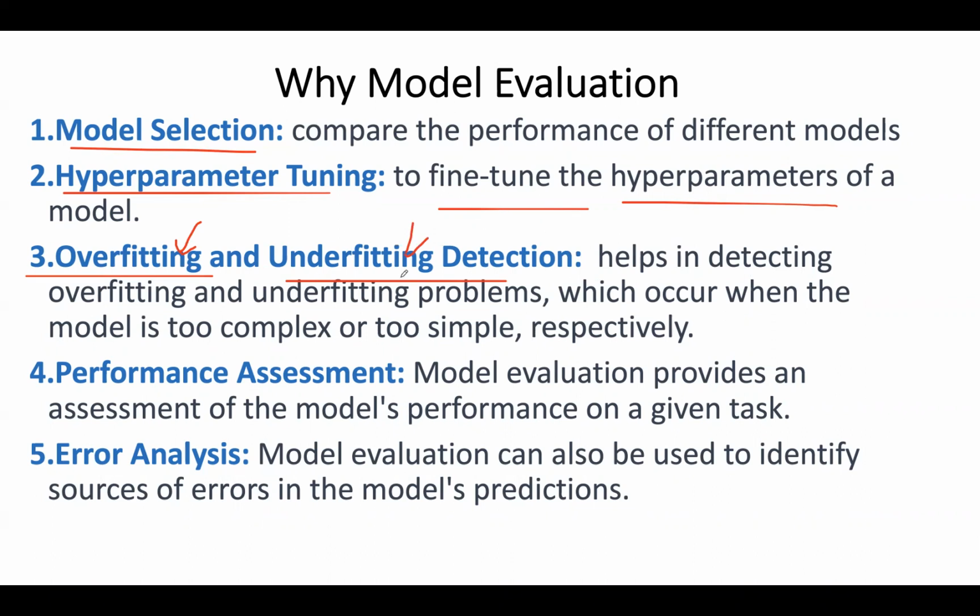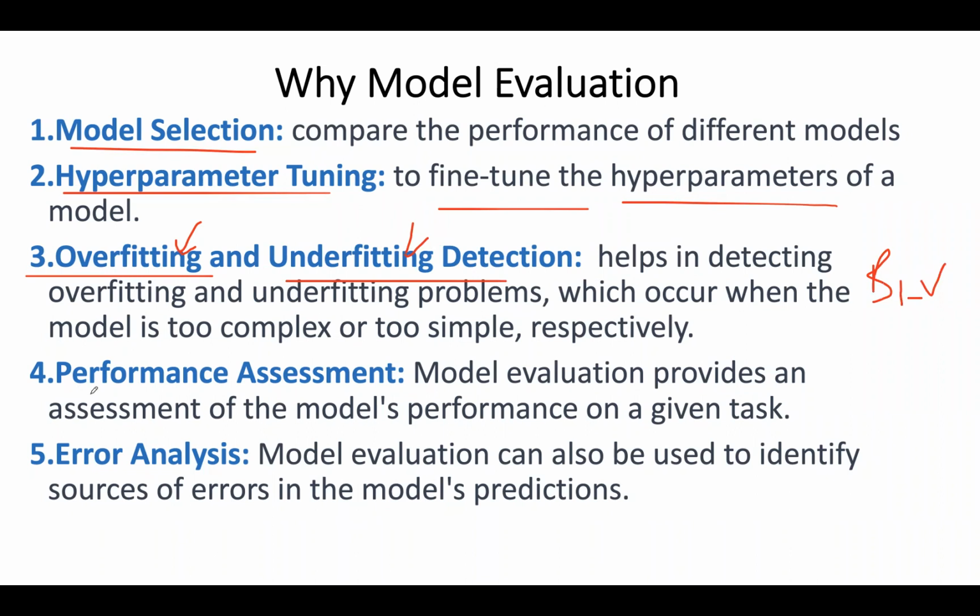While underfitting here essentially means it's too simple and does not capture the underlying relationship in your data set. So model evaluation will help us find the optimal balance between overfitting and underfitting, okay? So sometimes we also talk about the bias variance trade-off, okay?